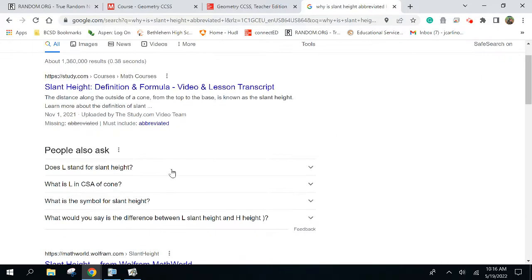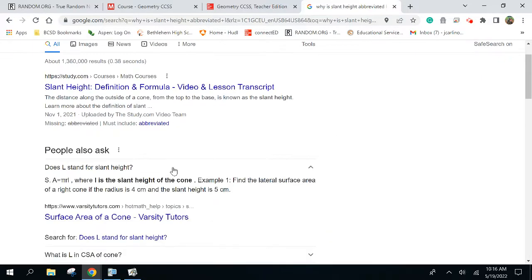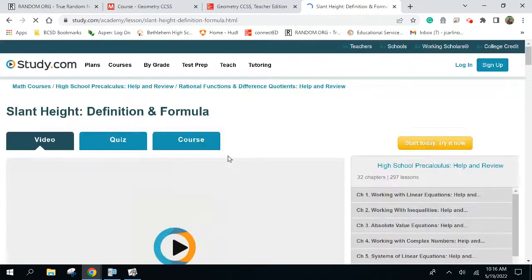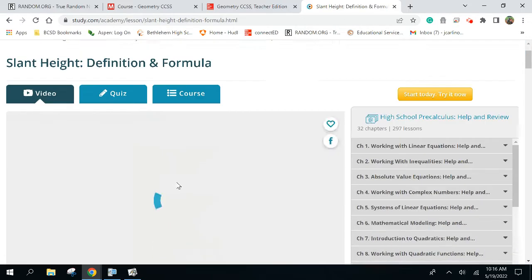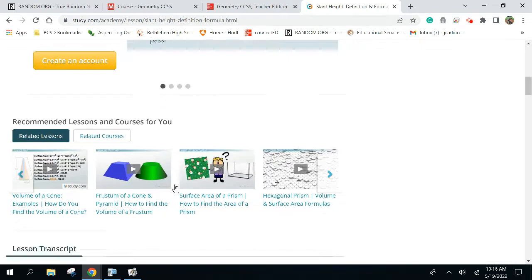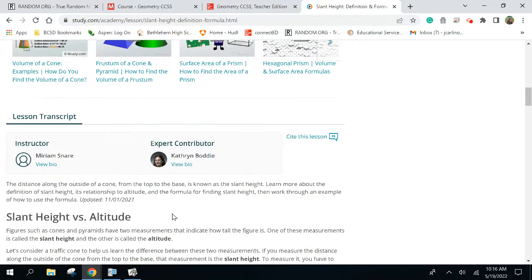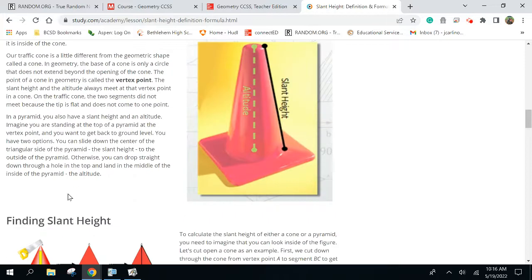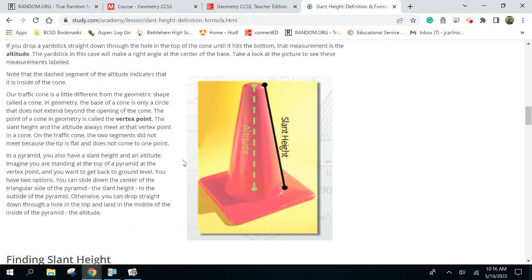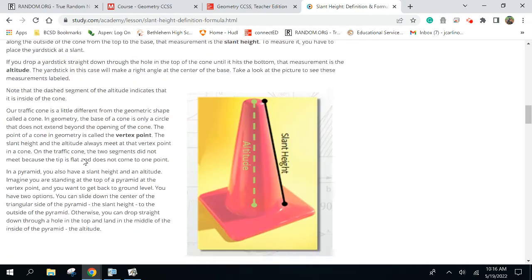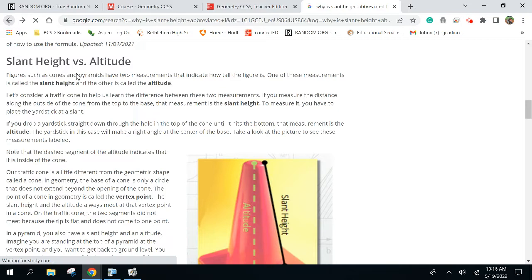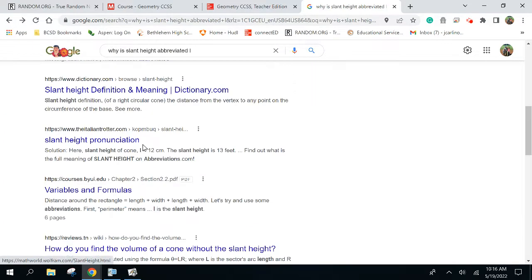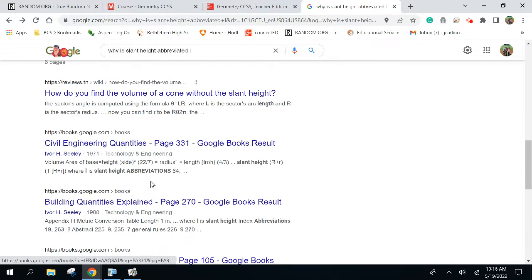Oh, we know what slant height is, we don't need it. I could have brought in a cone instead of standing on the desk. That probably would have been easier. All right, sorry, guess on that. If anybody finds out, let me know.